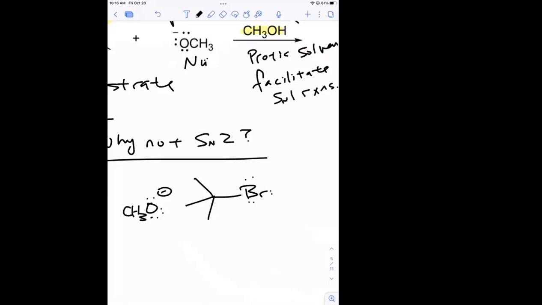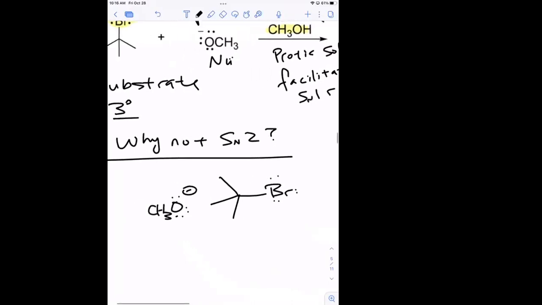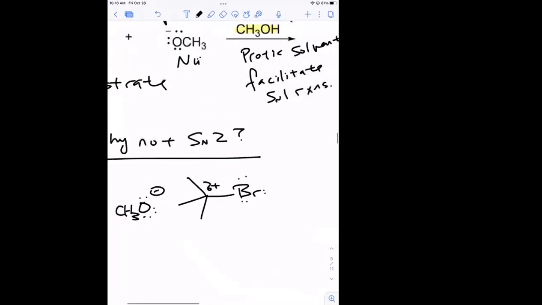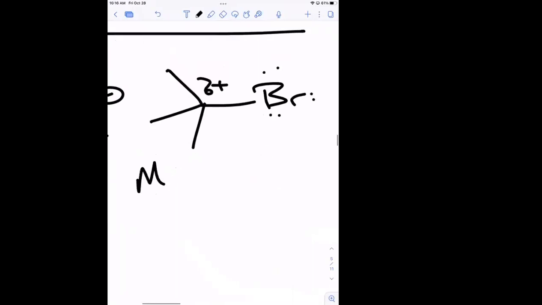That's what's going on in this example. These methyl groups are shielding that partially positive carbon. This is where the reaction is going to take place. The methyl groups block that. We call that steric interference. This is why you will never do an SN2 reaction on a tertiary carbon.